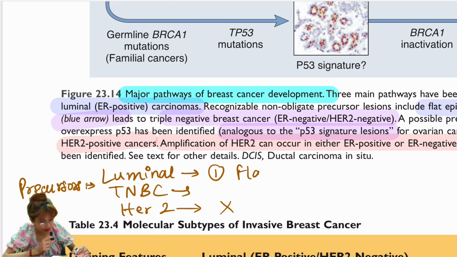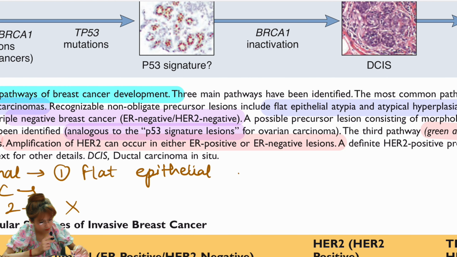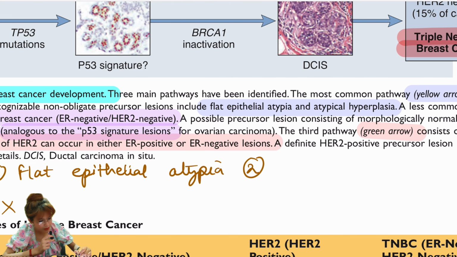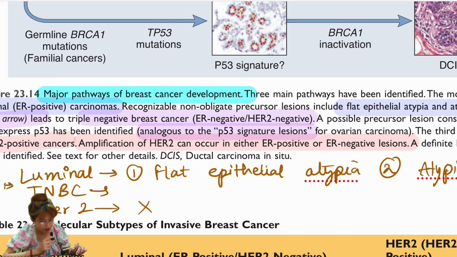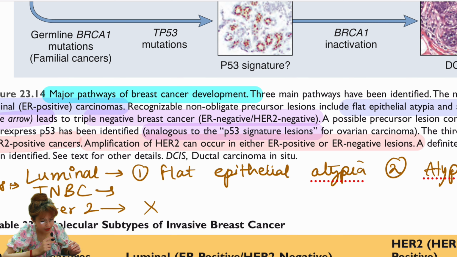In luminal you have the flat epithelial atypia, and you have the atypical hyperplasia. I already mentioned this sequence to you. What are the criteria for atypical hyperplasia? I've also shown you the image. And in triple negative breast cancer, you have the p53 signature lesion as the precursor.